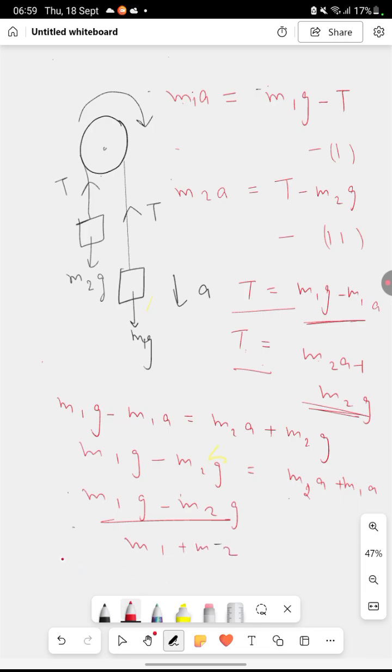This can be written as (M1 minus M2) into G, G is common from here, divided by M1 plus M2. Okay, this is the acceleration in the case of a pulley. With this acceleration the mass will come down. Okay, this is the acceleration.